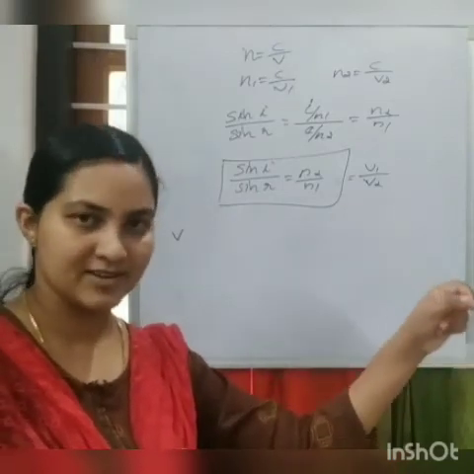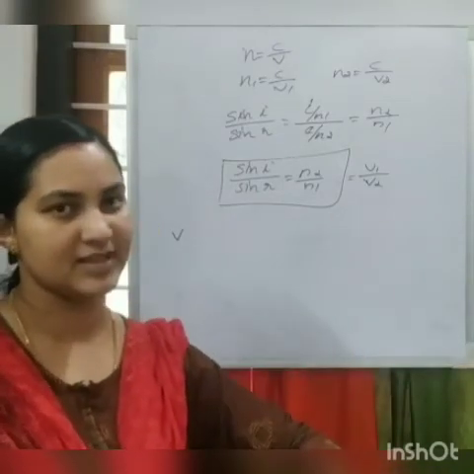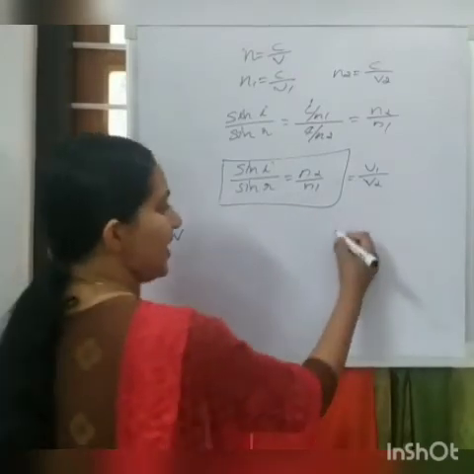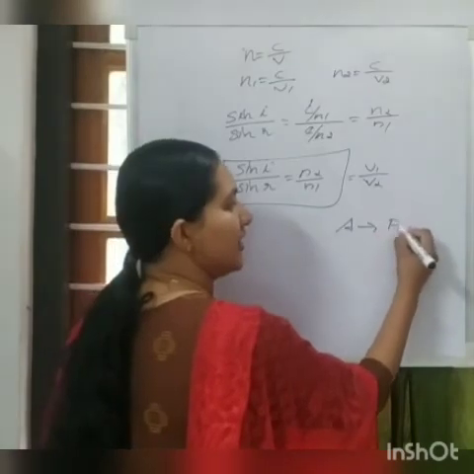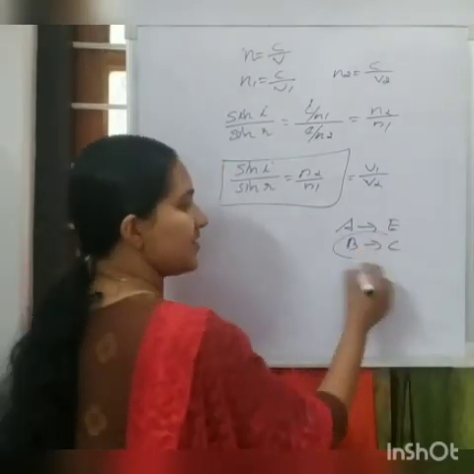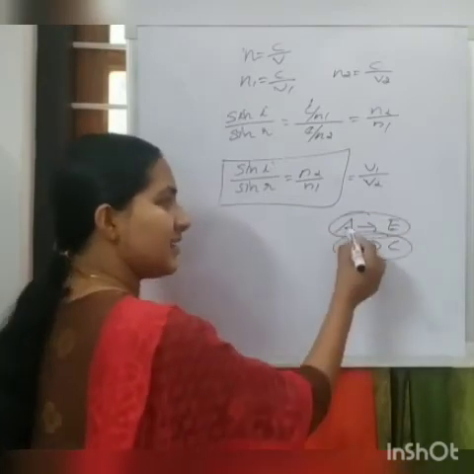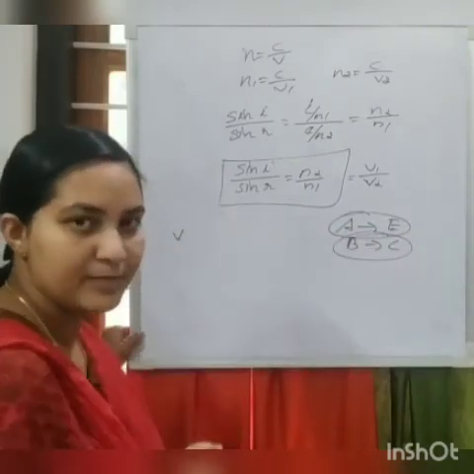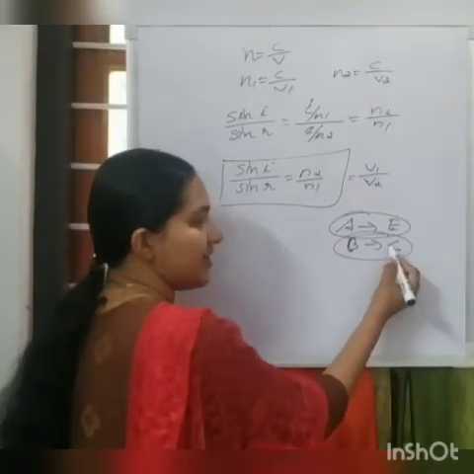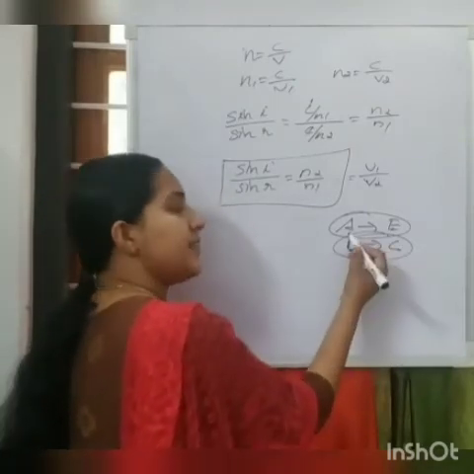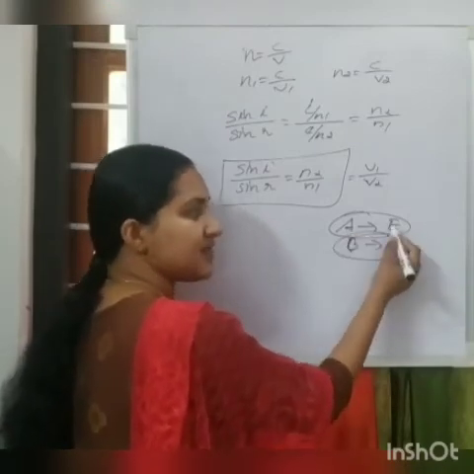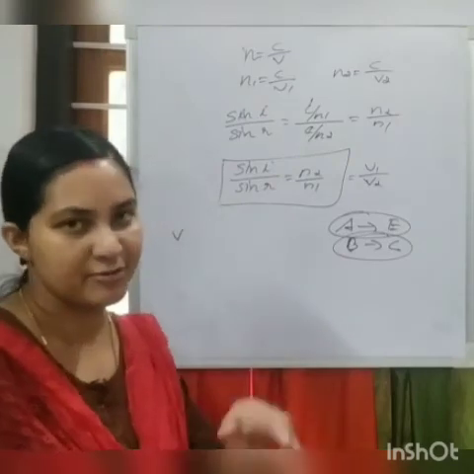From B, if a crest is started, at C also the crest will be there. From that diagram, just remember A to E and B to C, isn't it? This is in the first medium, and this is in the second medium. If in B there is a crest and in C there is a crest, then from A to E, in A also there will be a crest and in E also there will be a crest.